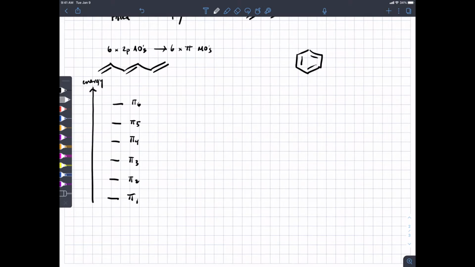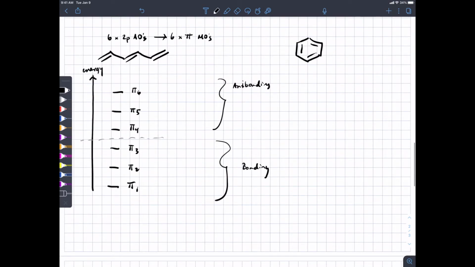We're going to see that in between pi 3 and pi 4 is this boundary line between bonding versus antibonding orbitals. All right, so I want to draw just the 3 lowest energy orbitals, because they're the ones that are going to have electrons in them. In this molecule, I have 6 pi electrons. So in 1,3,5-hexatriene, I completely fill the pi bonding molecular orbitals and none of the antibonding orbitals.